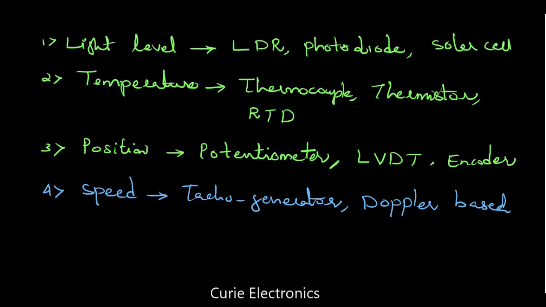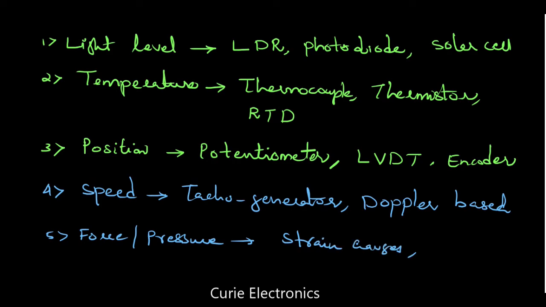Then for sound we know microphone, crystal. What about force or pressure? We use strain gauges or load cell. All our weighing machines use load cell. So these are a few examples.